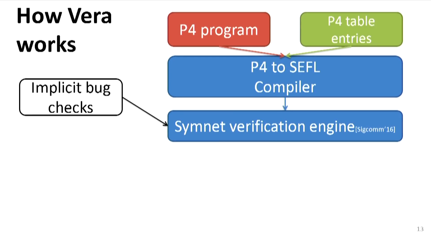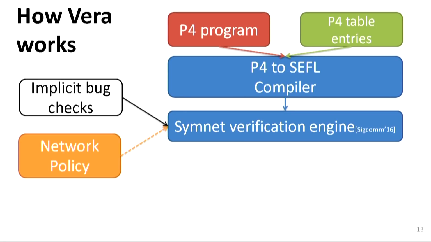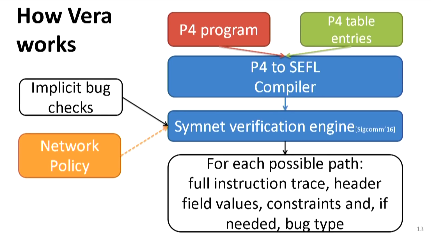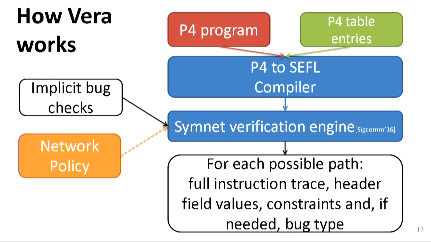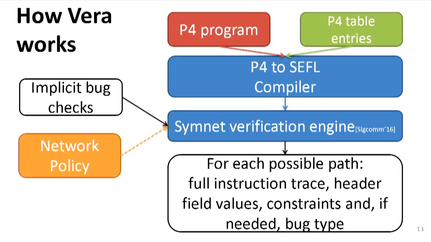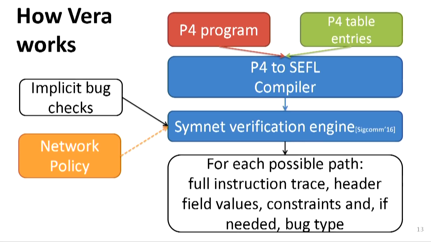This was slightly modified to perform these bug checks as it runs, and also to allow for a policy specification if this is the case. This is an optional step. When execution finishes, the result is the set of all possible paths through the P4 program, the header values, the constraints, a full instruction trace for every path, and if that's the case, the bug type that Vera discovered.